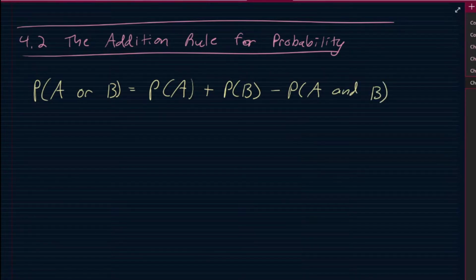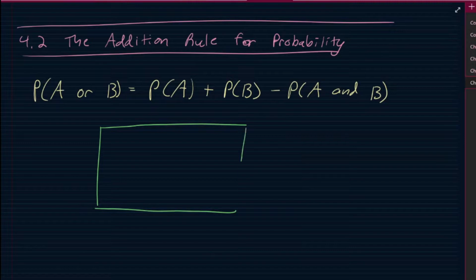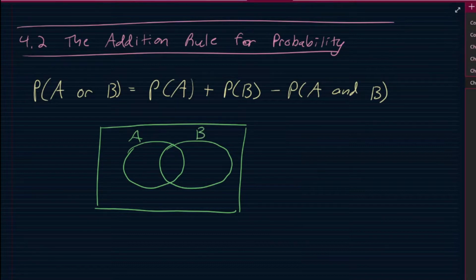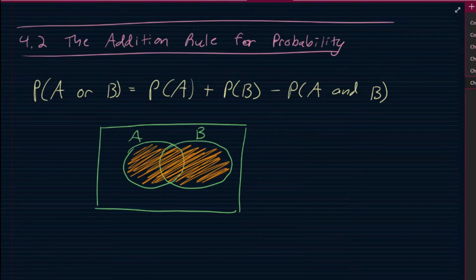So the idea behind this, I think it's helpful to look at a Venn diagram. Here's A, here's B. Right, the reason the formula is this way, we're looking to count anything in A or B. But in the formula, you see here we do probability of A, which is all of this circle.